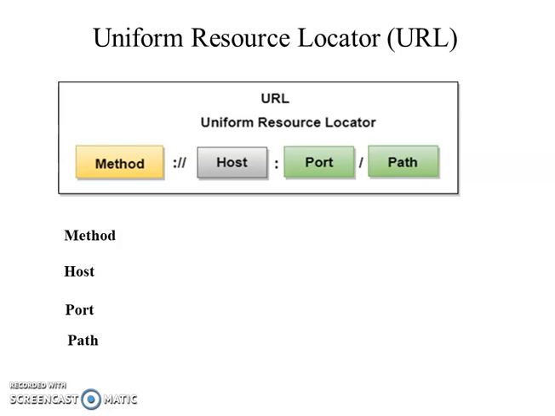The URL is a standard way of specifying any kind of information on the net. The URL defines four parts: one is method, second one is host, third one is port, fourth one is path.